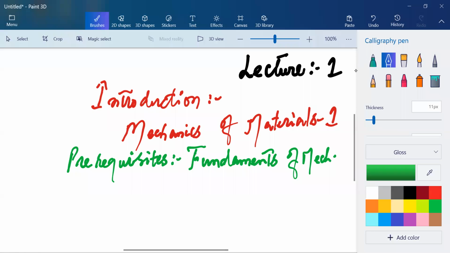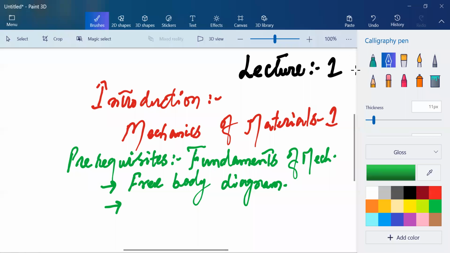The student should be able to draw the free body diagram. Second, the student should have the concept of force as a vector and be able to resolve the force into components.